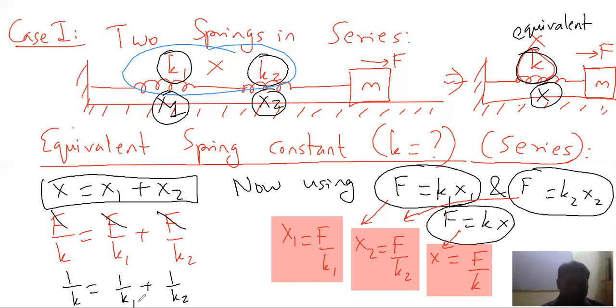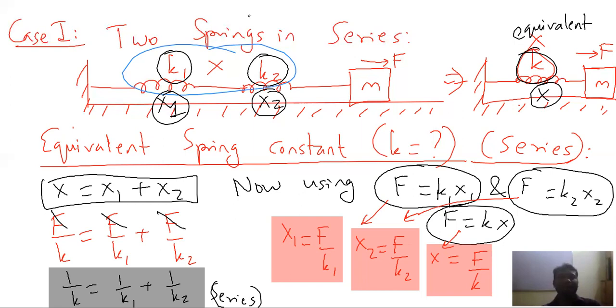Let me put a box around this equation because this is very, very important. This is what we tried to find. So this is the expression for springs in series.